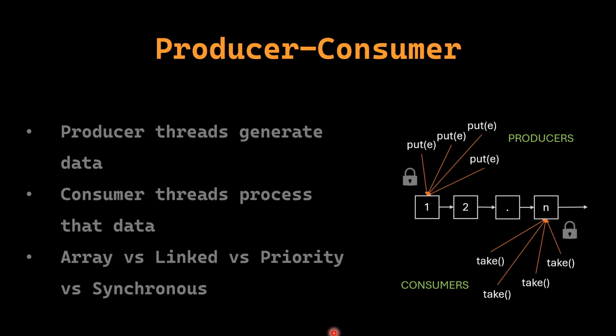The pattern decouples producers from consumers, allowing them to operate at different rates. The queue acts as a buffer between them, smoothing out fluctuations in production and consumption rates. This pattern is everywhere in computing, from web servers handling requests to background job processing systems. Let's implement a basic producer consumer system.